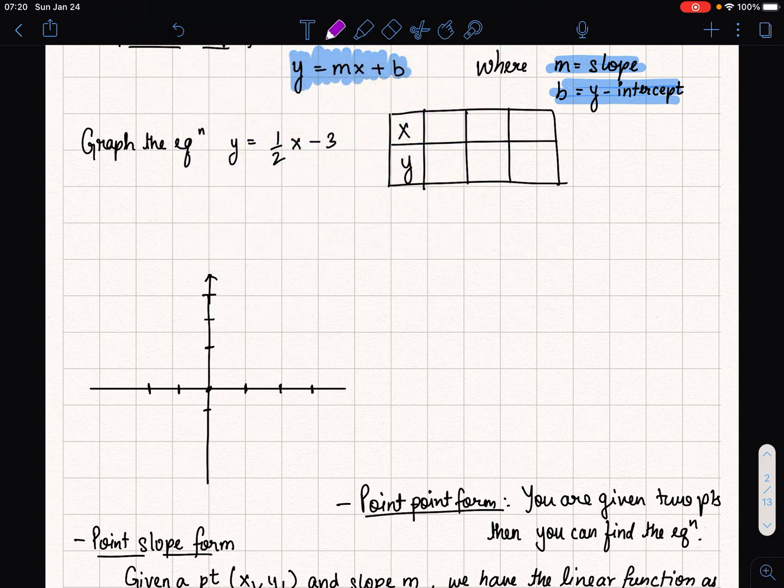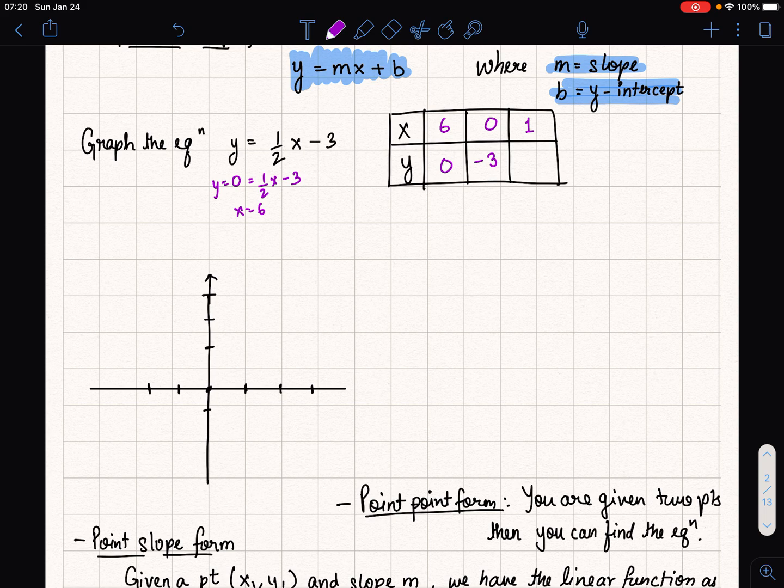What we do is we first plot points x comma y on the Cartesian plane. We first put y equals 0. So as y is 0, I have x equals 6. As x is 0, we have y is negative 3.